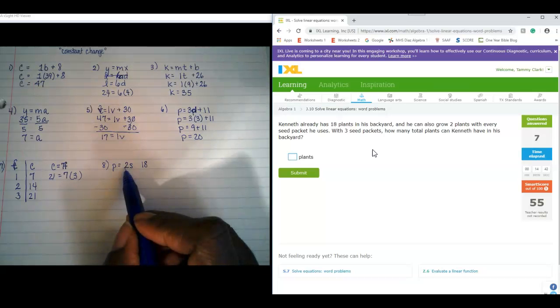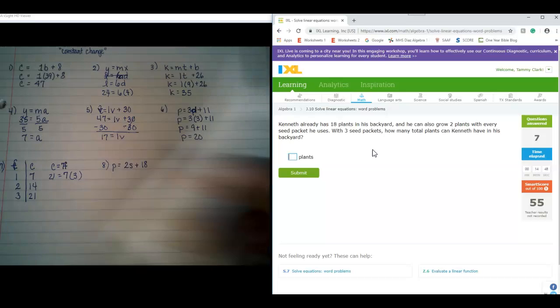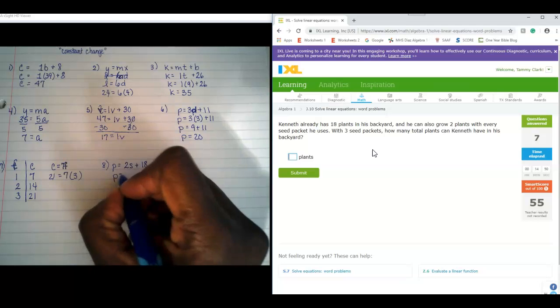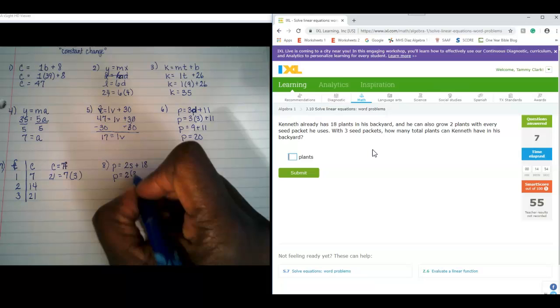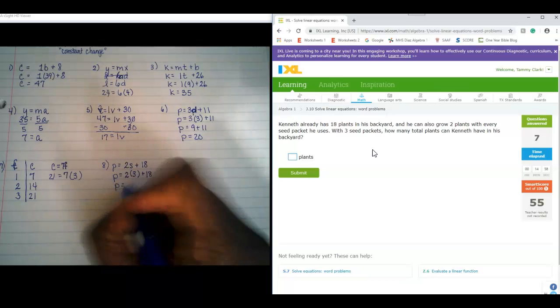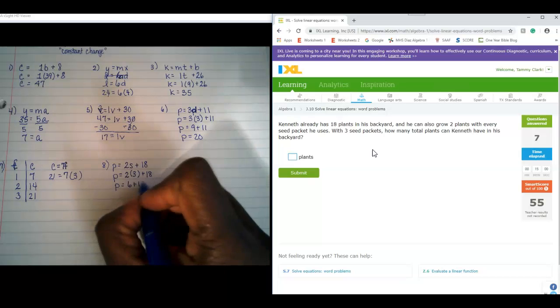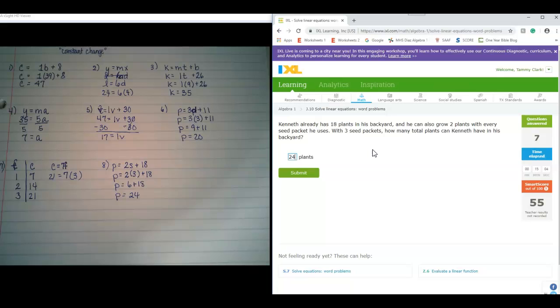Well, it's 2 plants per seed packet plus the 18 he already has. So plants is equal to 2, and he has 3 seed packets, plus the 18. That's 6 plus 18. He can grow 24 plants.